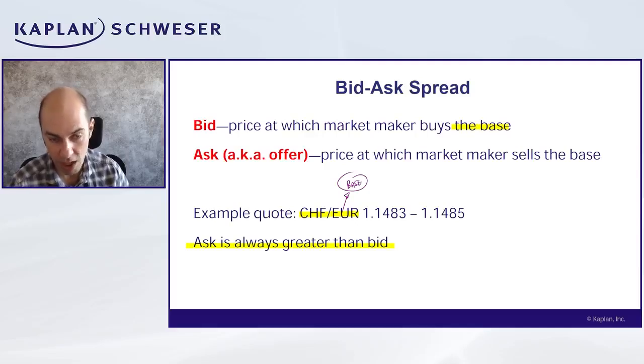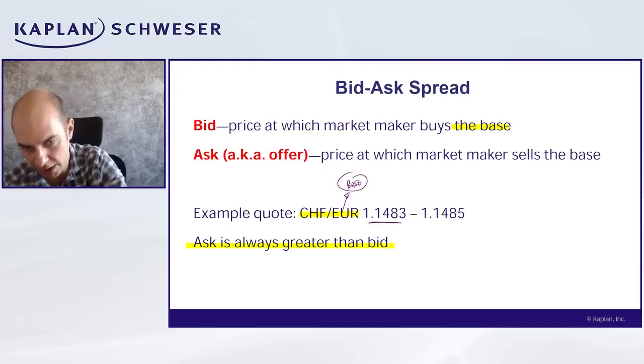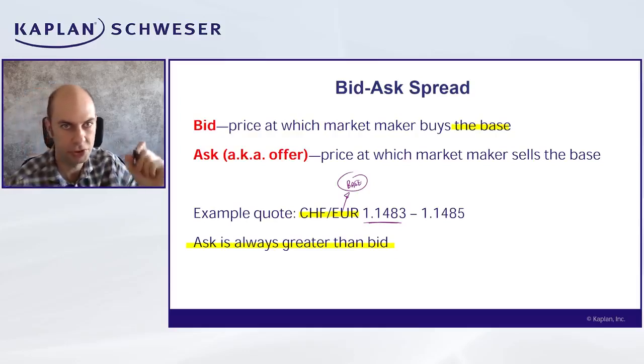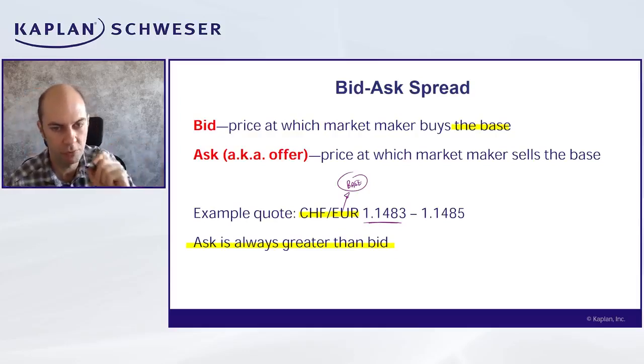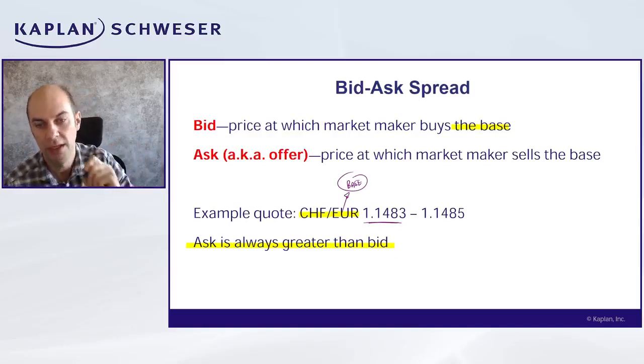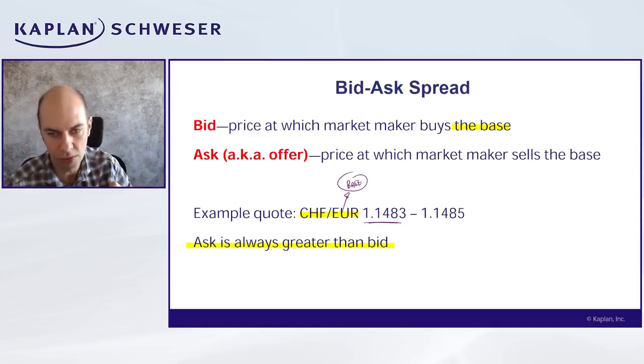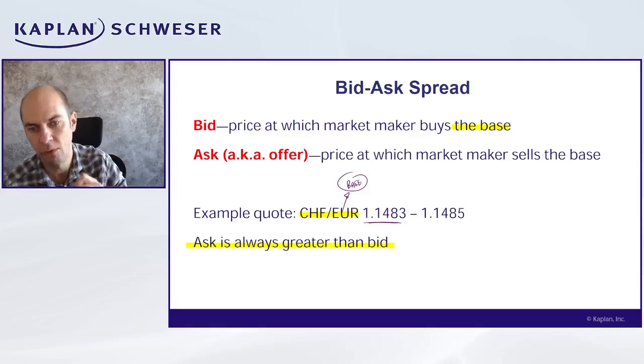So the market maker buys euros at 1.1483 and sells euros at 1.1485.